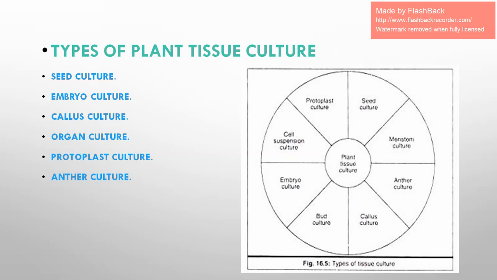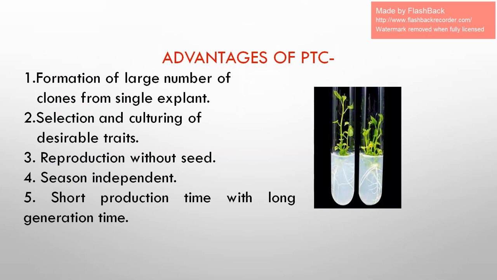Then let us see the types of plant tissue culture. There are various types of plant tissue culture techniques. It includes seed culture, embryo culture, callus culture, organ culture, protoplast culture, and anther culture. Let us see the advantages of plant tissue culture.